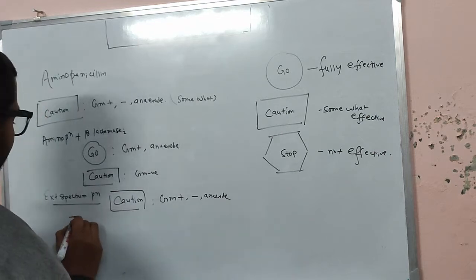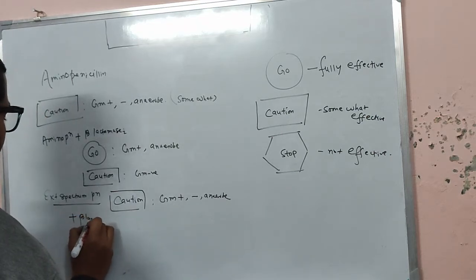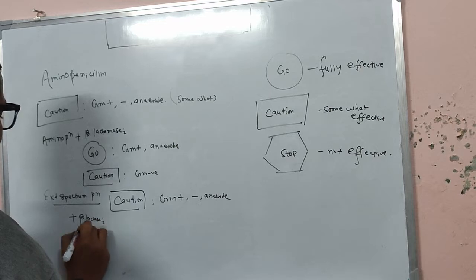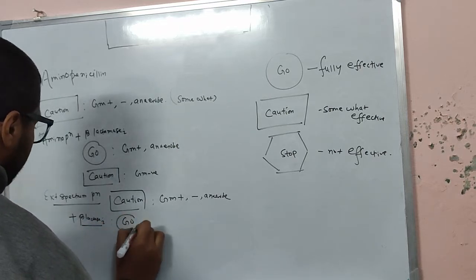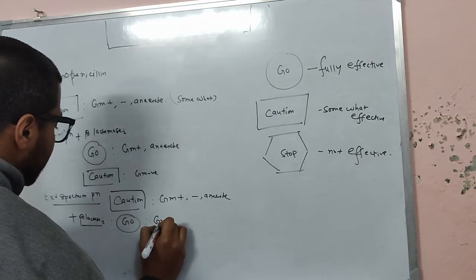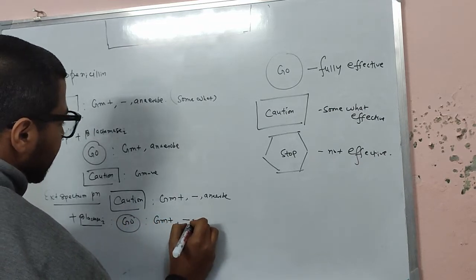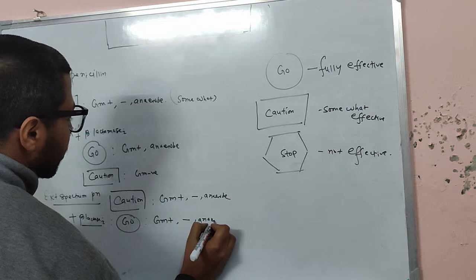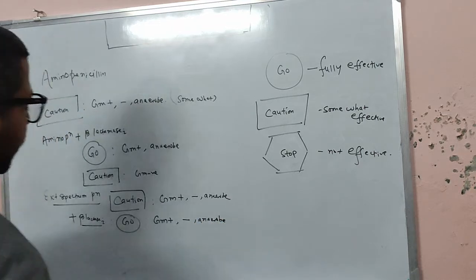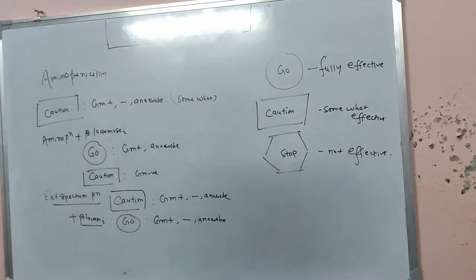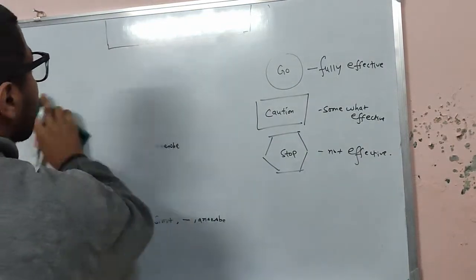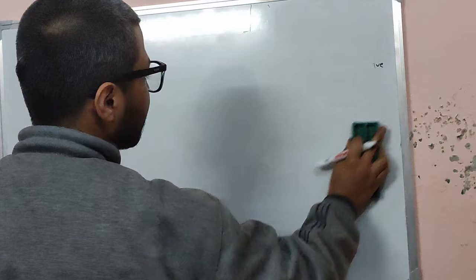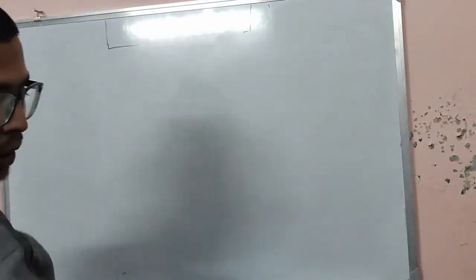But when we combine this with a beta-lactamase inhibitor, like piperacillin tazobactam, then it becomes a go signal. It means it is fully effective against gram-positive, negative, anaerobes. Okay. So remember this signal, because I will be using it throughout this lecture.